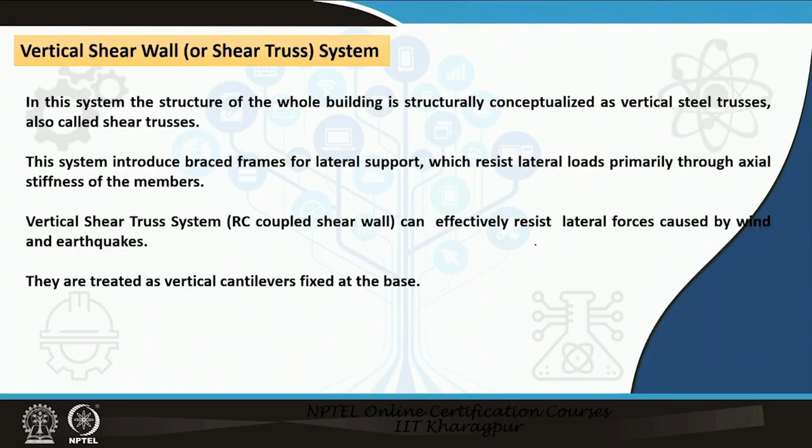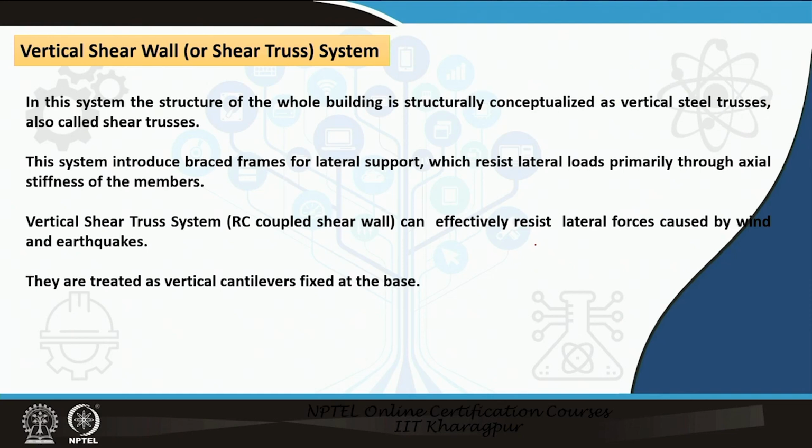Then let us go to the next one, the vertical shear wall system. The vertical shear wall system is a kind of system where the building is conceptualized as a shear truss standing freestanding over the ground.